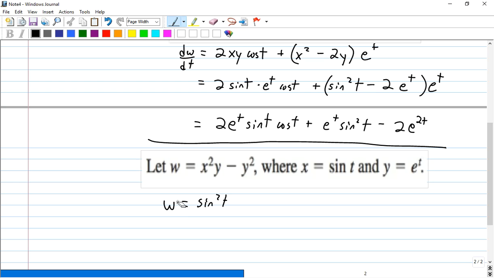E to the t. We usually write that exponential in front of the trig function. So I'm going to write it in front of the trig function. So that's e to the t times sine squared t minus e to the 2t. That's right. Power to a power, we multiply. All right. So that's what the function would be if we plugged it in to begin with. Now let's find dw dt.